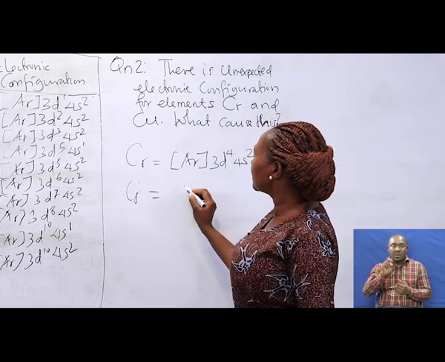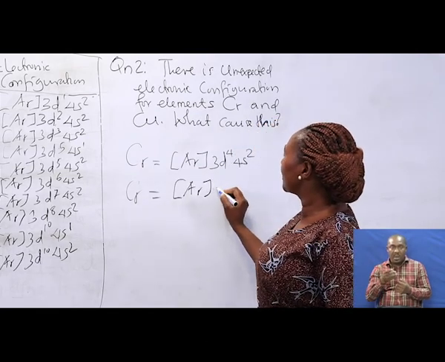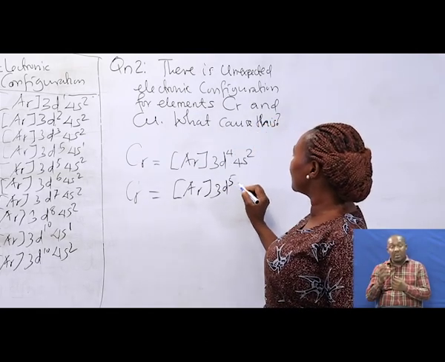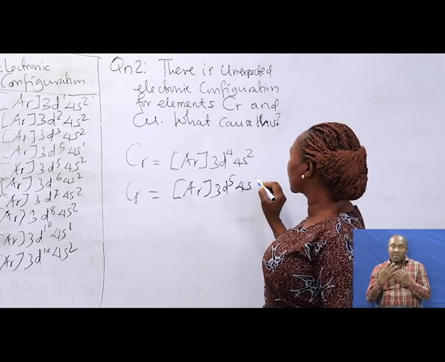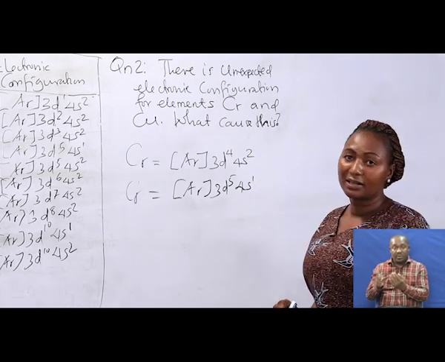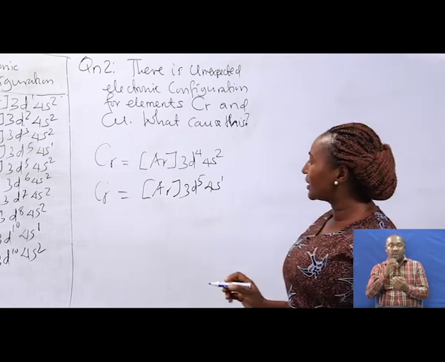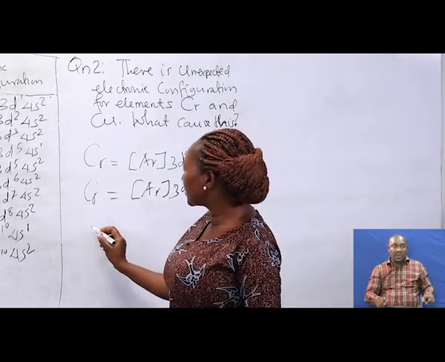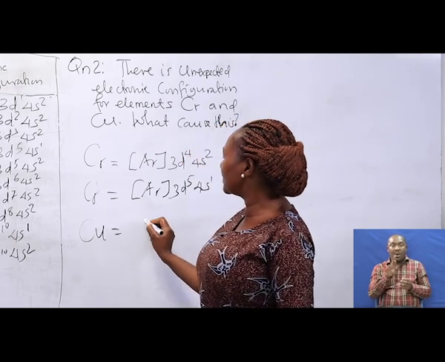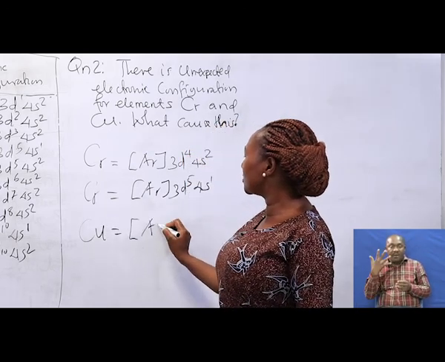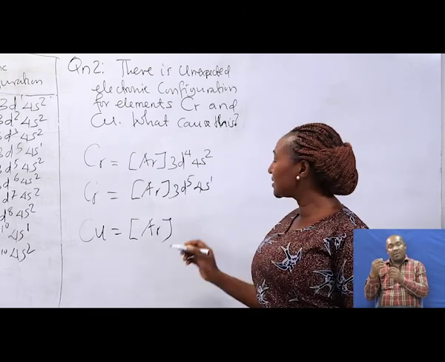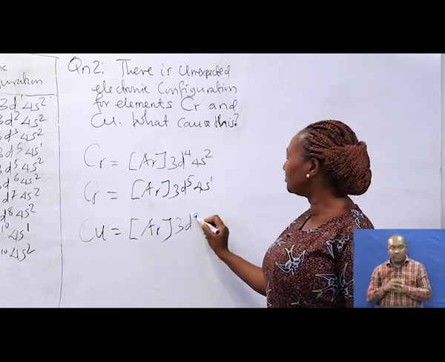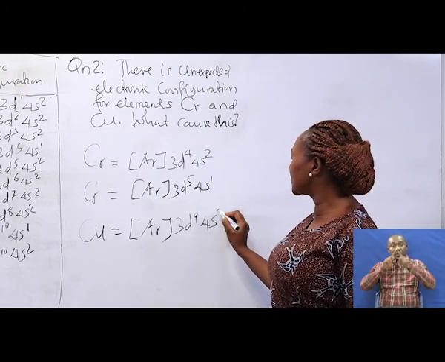According to the table, it is written as argon 3d5 4s1. The same applies to copper. The expected configuration for copper was supposed to be argon 3d9 4s2.